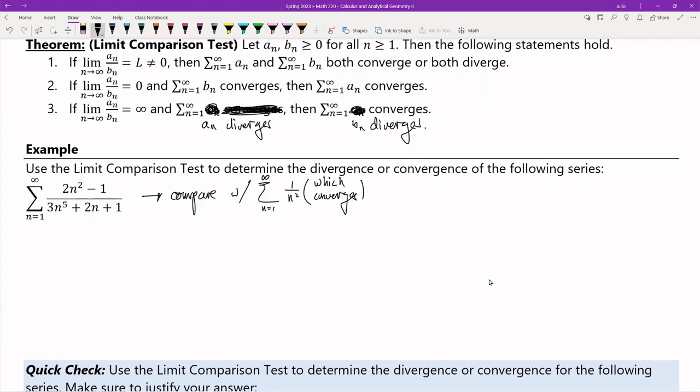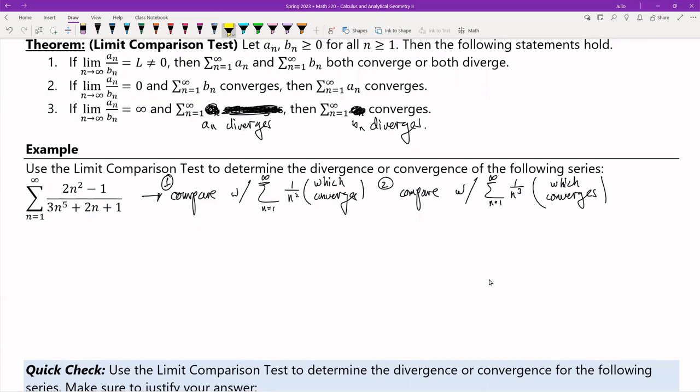This converges. For the second one, I'm going to compare with 1 over n cubed, which also converges.